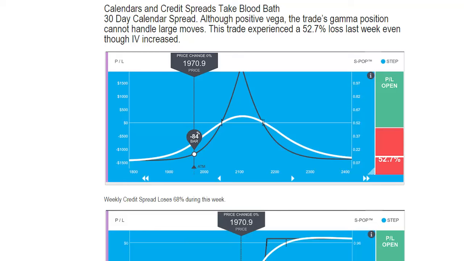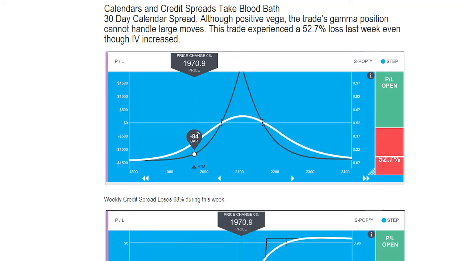Those aren't the facts. The other point to this trade is that, as you can see through here, if the market moves a substantial amount, then the vega position doesn't matter, because the curve here, which we're creating from the gamma position, is so reckless that it's just getting crushed and destroyed.